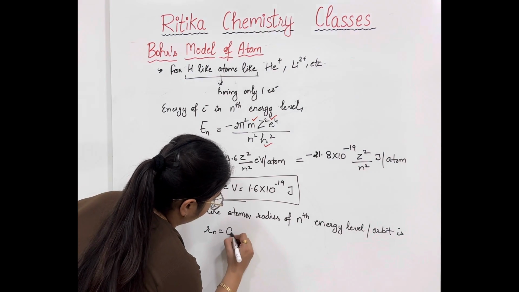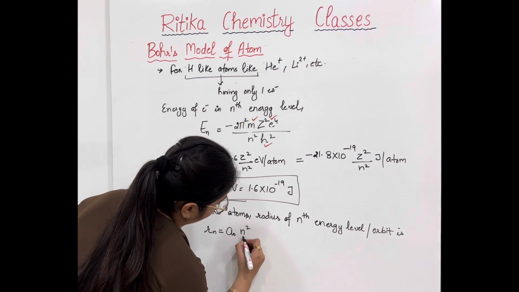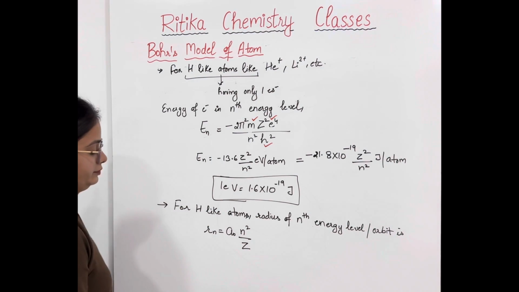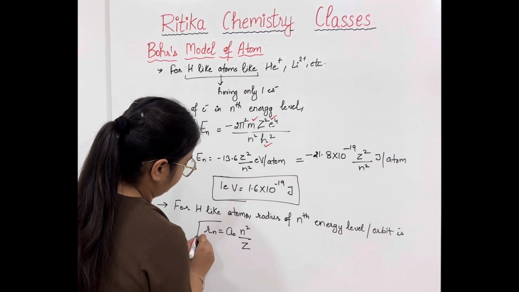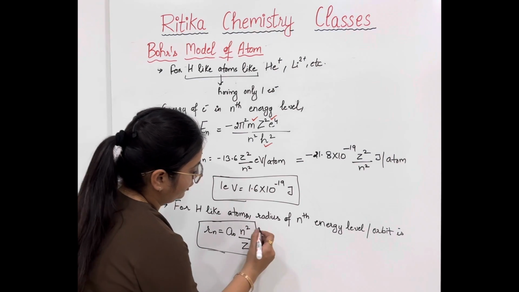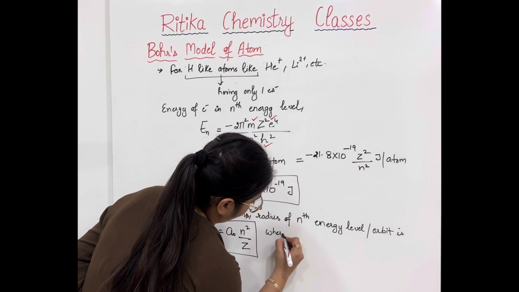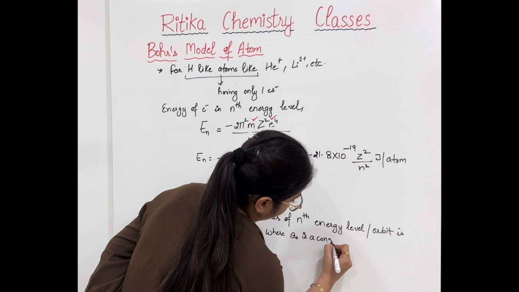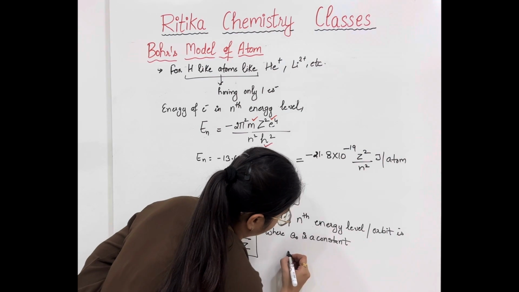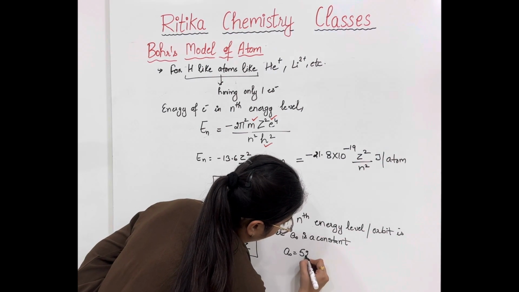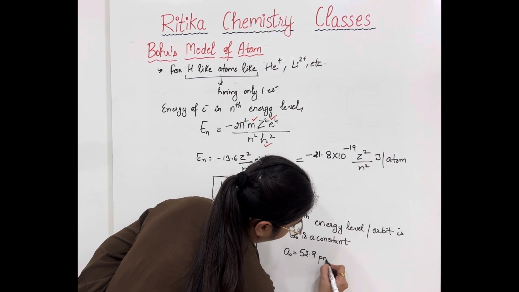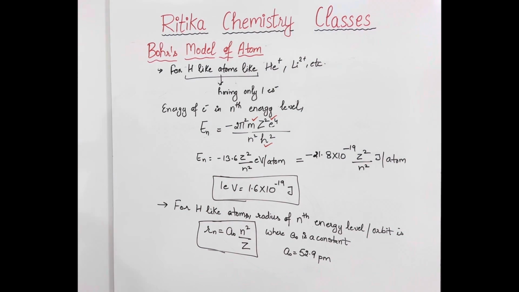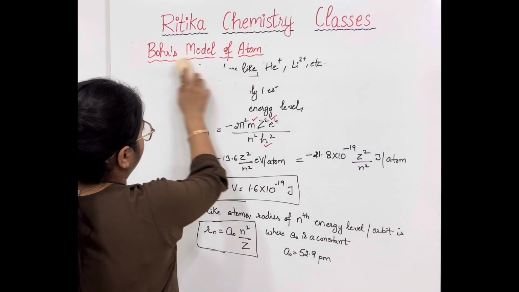Rn is equal to a naught n square upon Z, where a naught is a constant whose value is equal to 52.9 picometer.